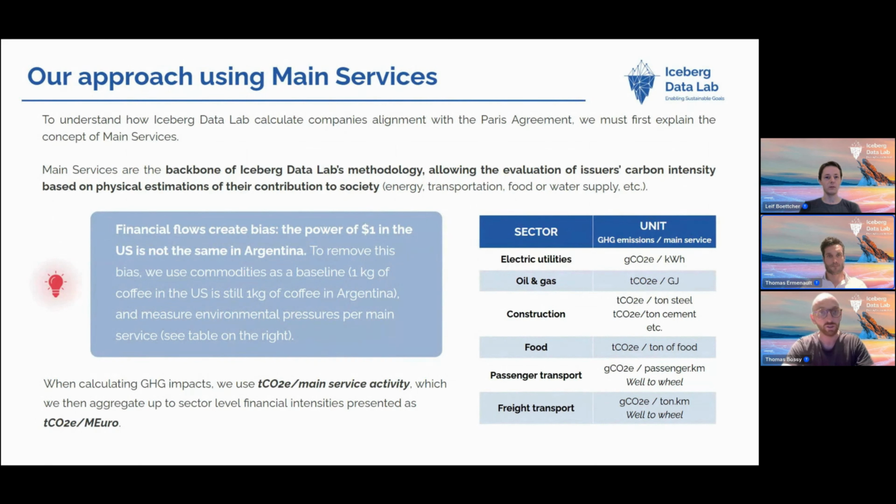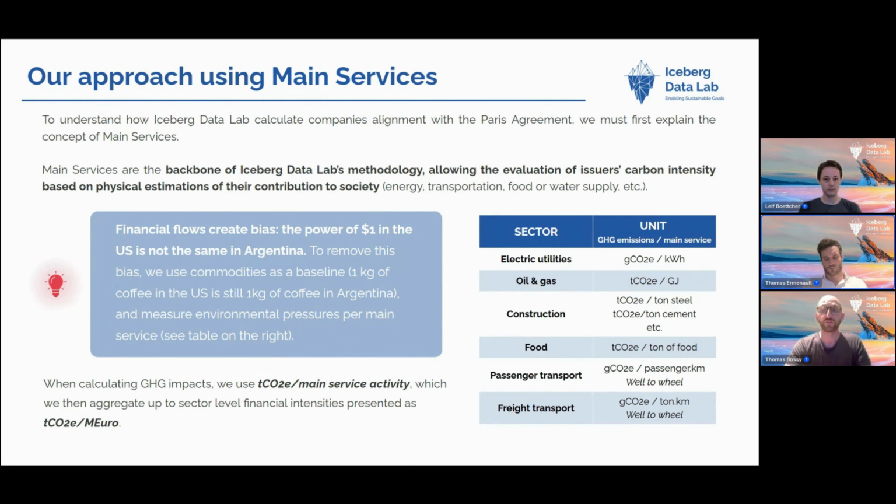But before going into depth into the methodology, first a small reminder about the Iceberg Data Lab approach. The core of our approach is based on the notion of main service. We don't consider emission intensity in terms of emissions per $1 million of revenue or other kinds of financial flows, but in terms of the physical services and contribution to society of a given activity.